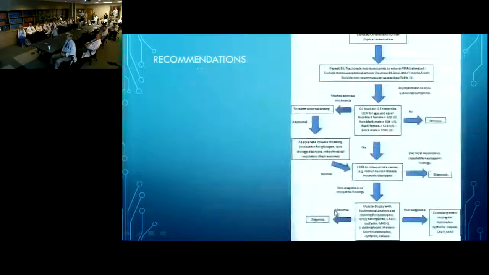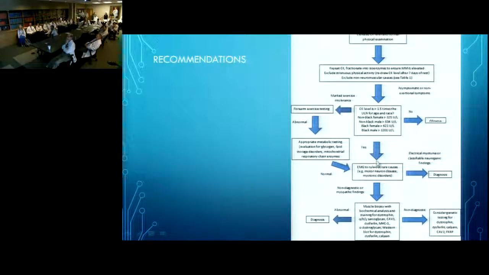So the recommendations are that you don't really do much if the CK level is only mildly elevated. It's a crowded slide, so I'll take you through it. If the CK level is only mildly elevated, you don't do much and observe if the examination is normal. But if they do have exercise intolerance, you can search for metabolic diseases.